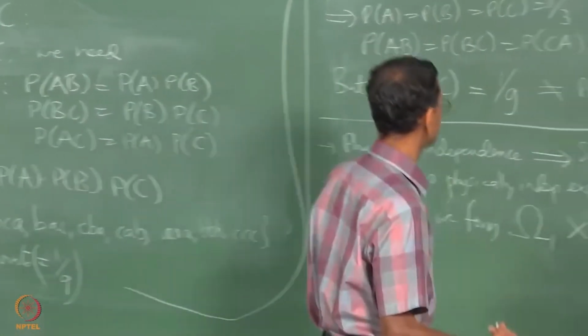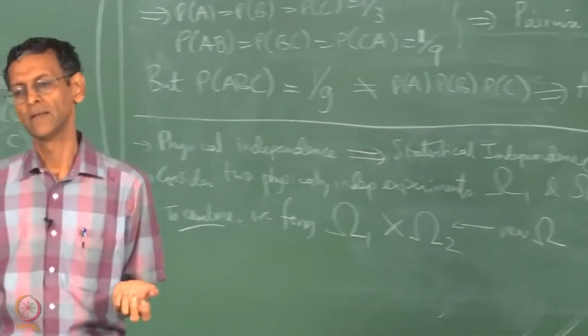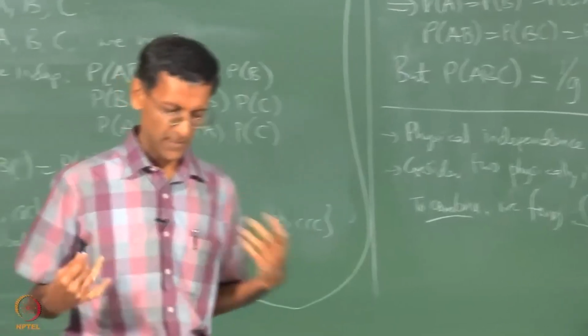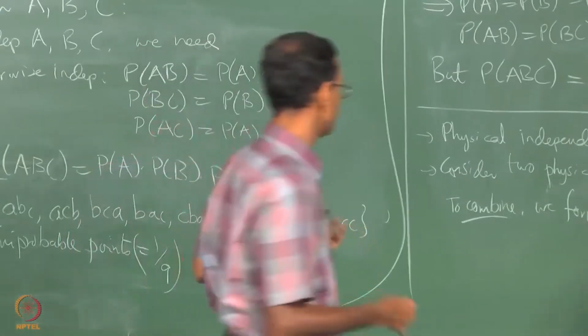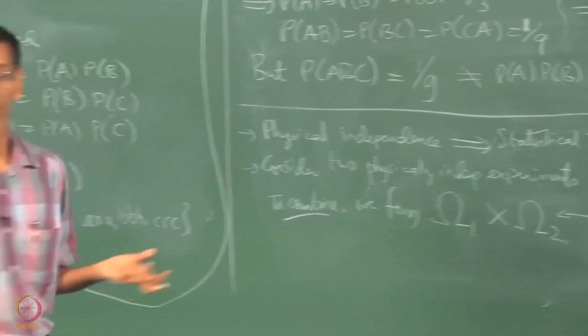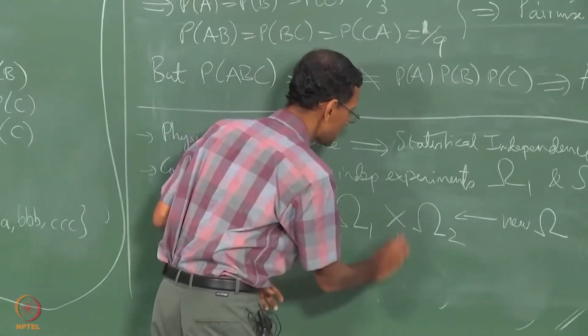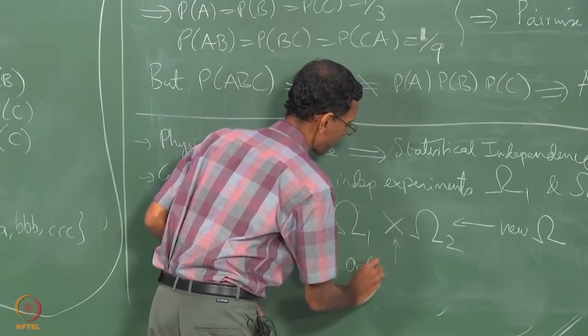Supposing both are discrete and finite, if this has n1 points and this has n2 points, then the overall omega will have n1 into n2, n1 n2 points.